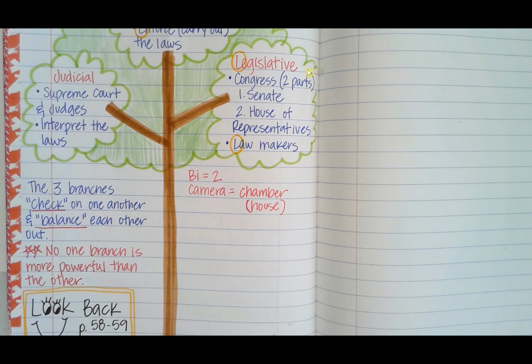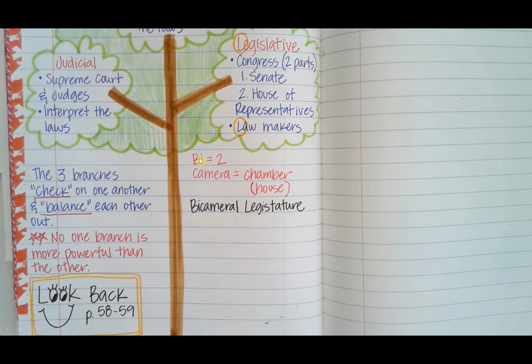We are talking about this legislative branch. And there's a very important vocabulary term you need to know, and that is bicameral legislature, meaning that our legislature has two houses, two chambers. Bicameral meaning two houses. That is how you would describe our legislature.